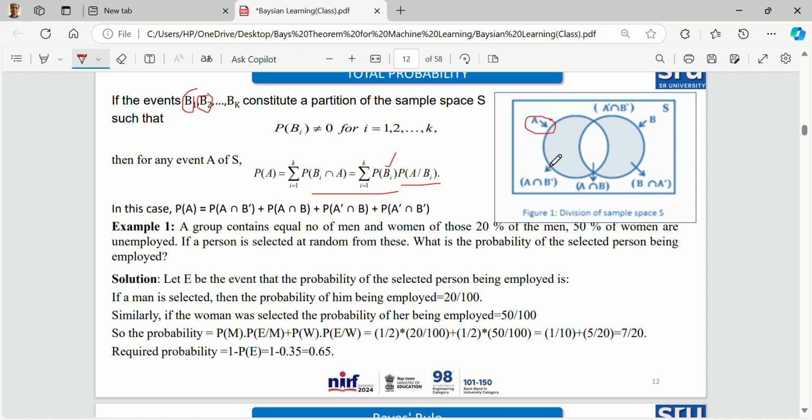Because in every case A is available, either A or A complement. So probability of A is equal to probability of A intersection B complement plus probability of A intersection B, plus probability of A complement intersection B, plus probability of A complement intersection B complement. Now based on this, let us go for one example of how total probability is calculated.